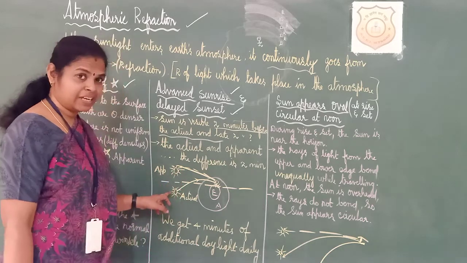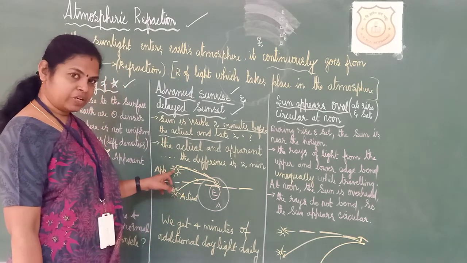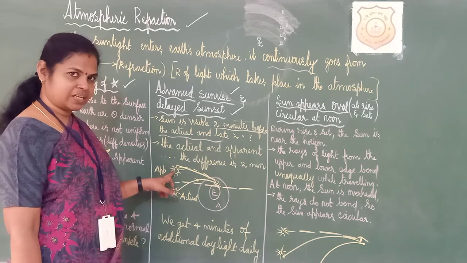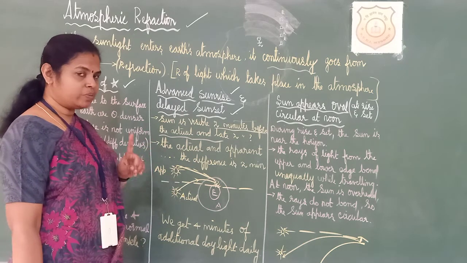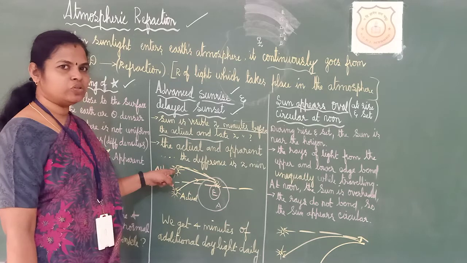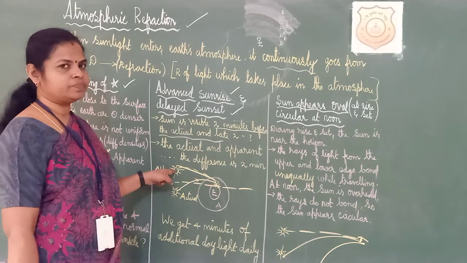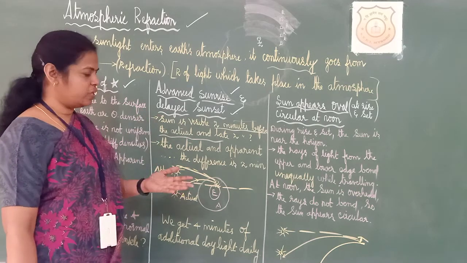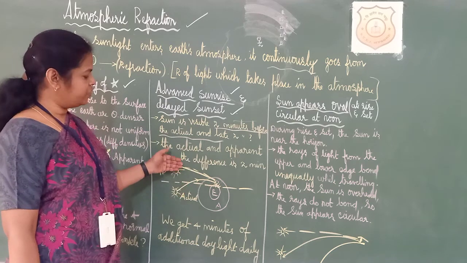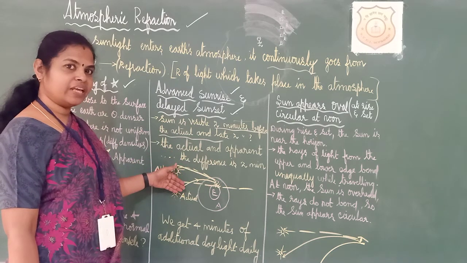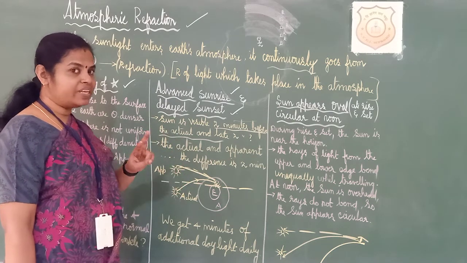Actually the sun is here, it has not reached here. But because of atmospheric refraction, you will be able to see the sun here 2 minutes before. In the same way, during sunset also, the sun will be here, but you will feel as though it is a 2 minutes delay.